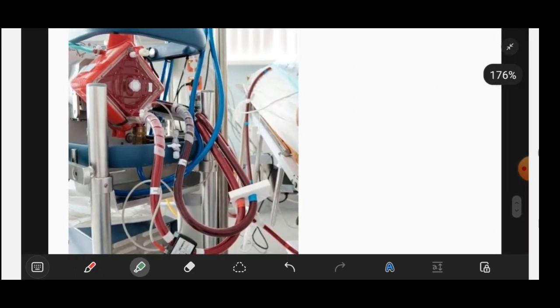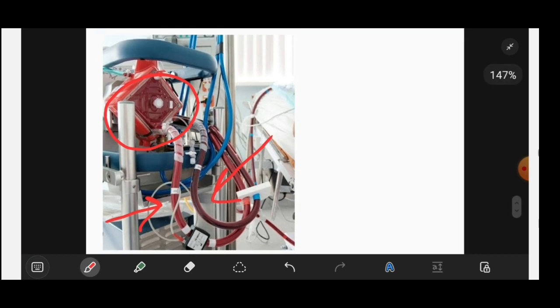This is the ECMO machine. Here we take the deoxygenated blood from the patient, oxygenate it in this chamber and push the oxygenated blood back to the patient. So oxygenated blood is pushed into the patient, and it will improve the ARDS. So this is the ECMO machine, guys.